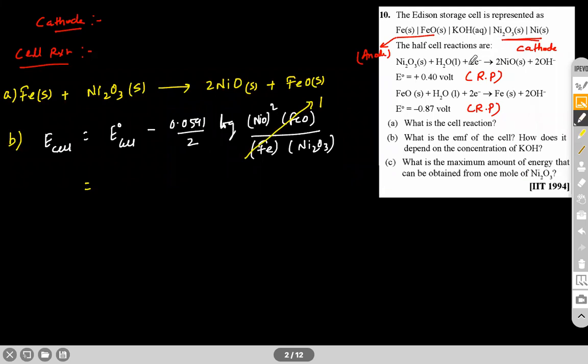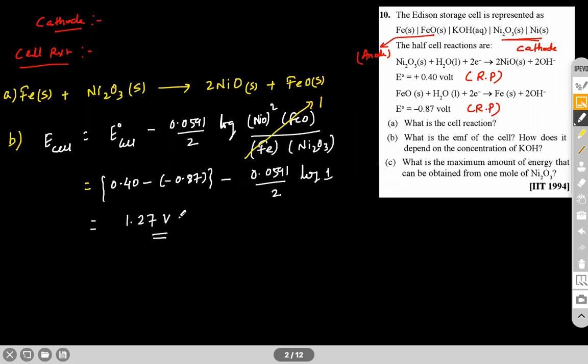So E cathode is this, that is 0.40, minus E anode, this is minus of 0.87, minus 0.0591 divided by 2 log 1. So log 1 is 0. So answer for this question is the sum of these two, which is 1.27. Right?